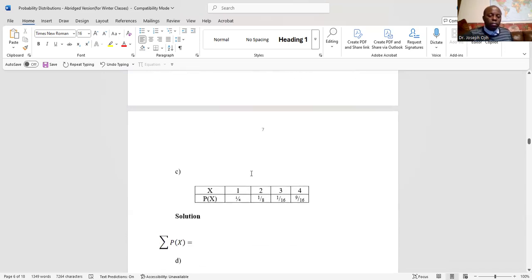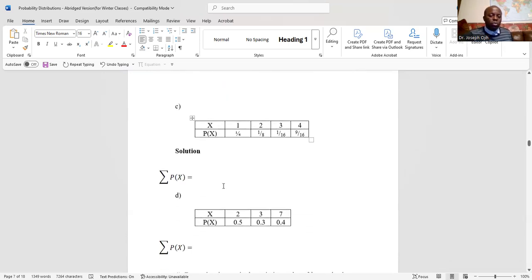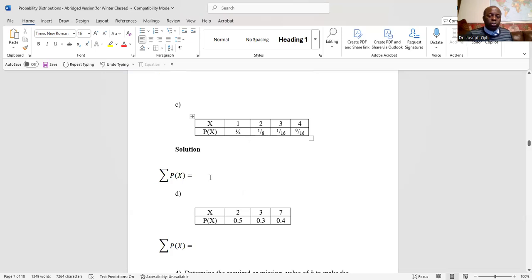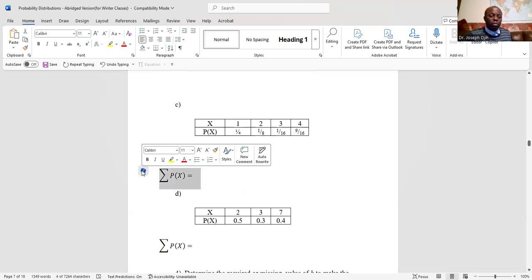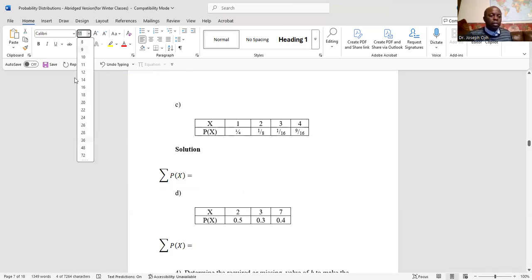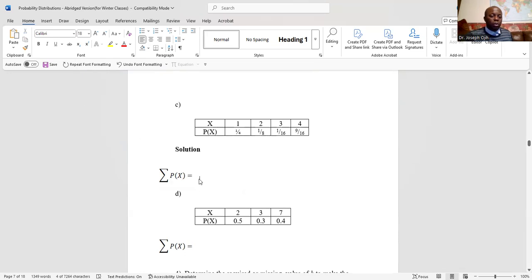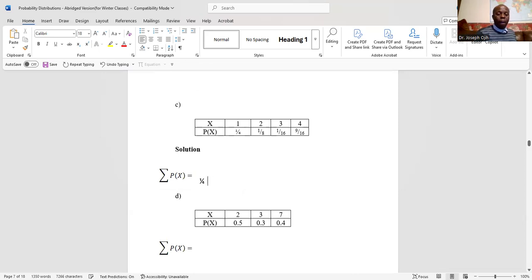Next one is this. Let's see. We will know once we add all of these numbers. So P(x) equals 1 over 4, 1 over 8, 1 over 16, and 9 over 16.